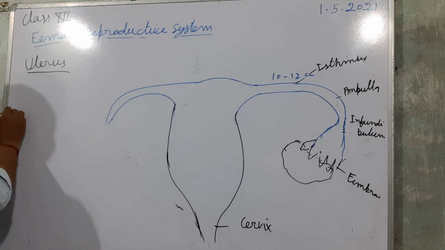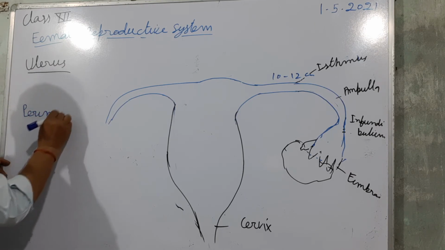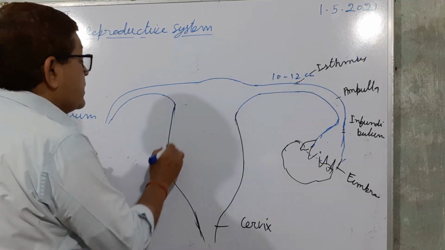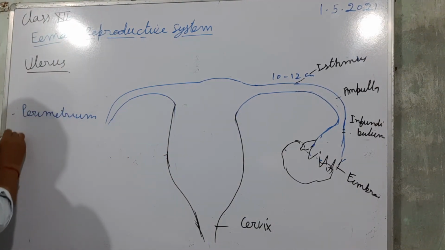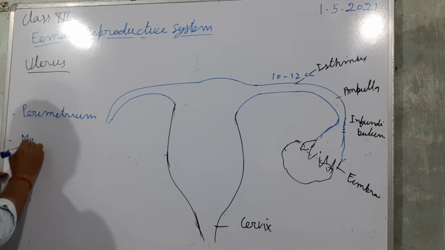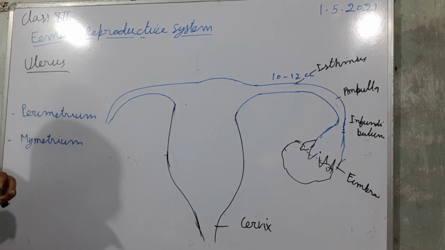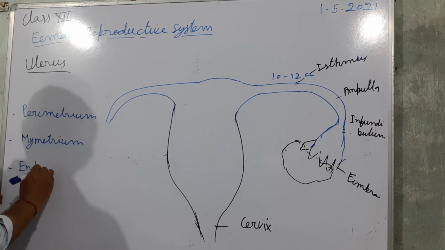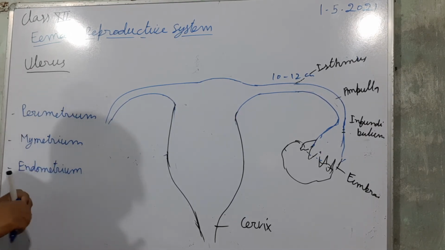One is perimetrium, this is external, the outermost. Then myometrium and endometrium. 3 layers are there.